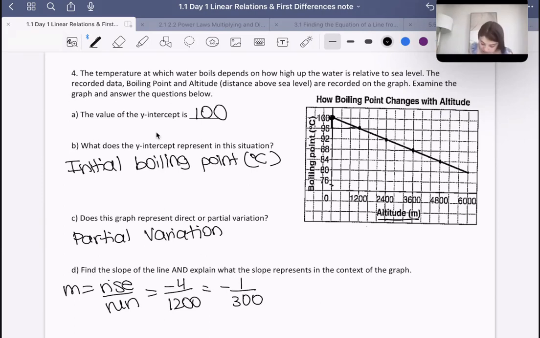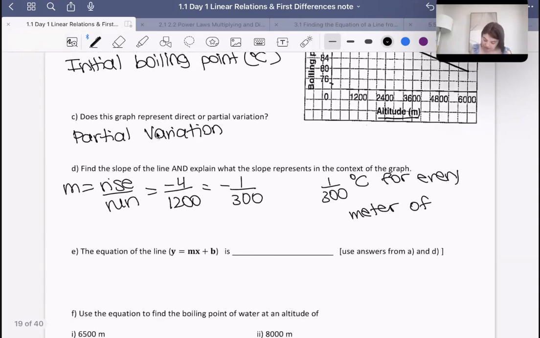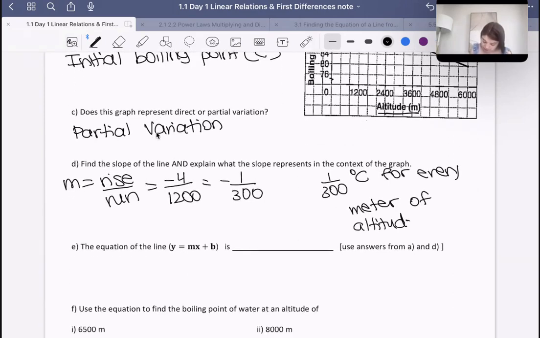If we know that we go down 4 degrees Celsius for every 1,200 meters, that means we go down 1/300th of a degree Celsius for every meter of altitude. So this represents the degrees Celsius for every 1 meter. Which is very little, right? It's only 1/300th of a degree Celsius.